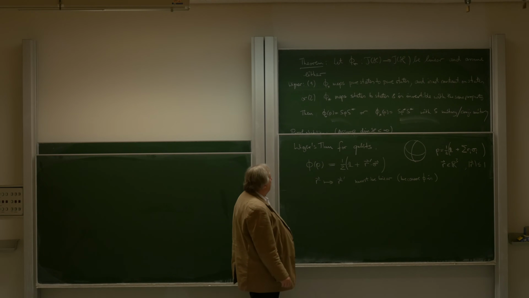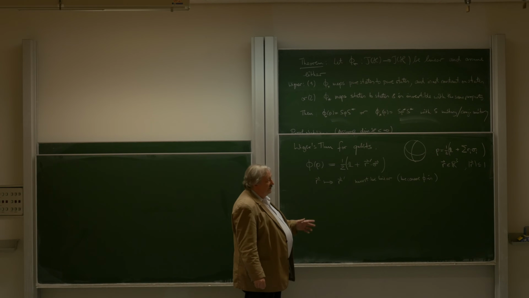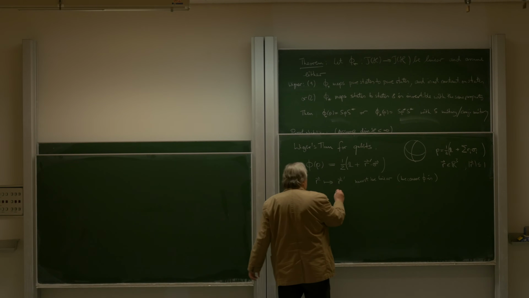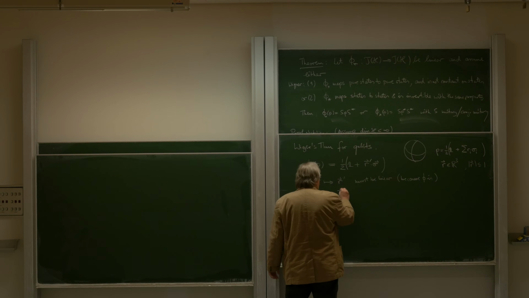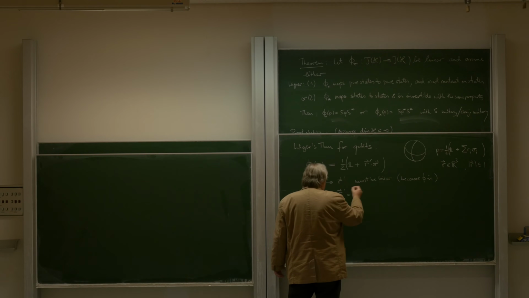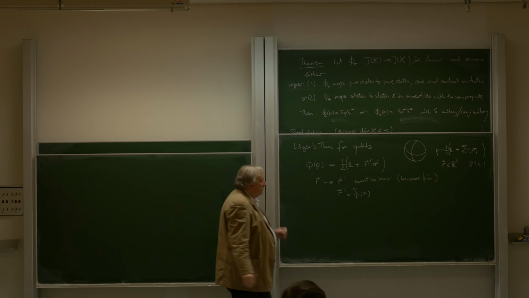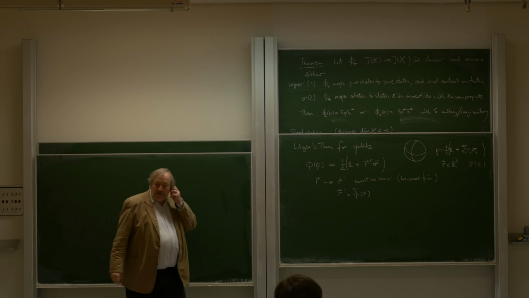It should be something related to phi. Call this, just to make clear that this is basically the same as the map phi, phi twiddle, a linear map from R3 to R3.